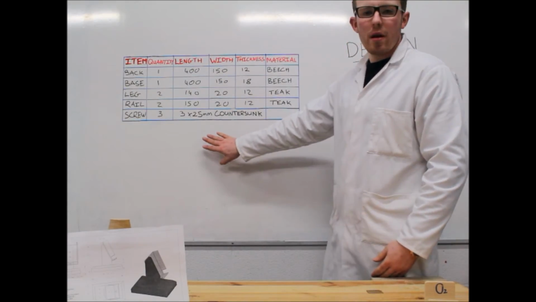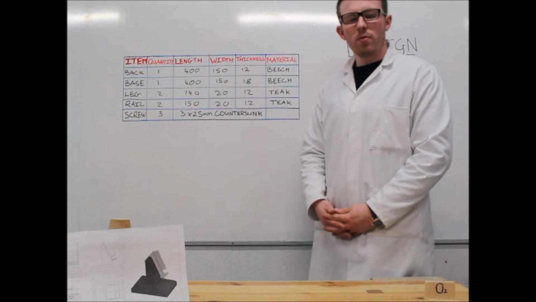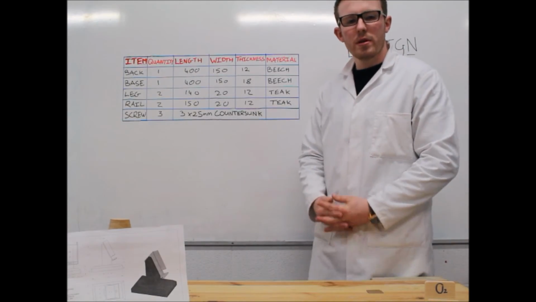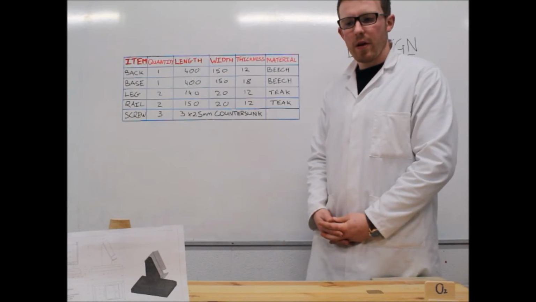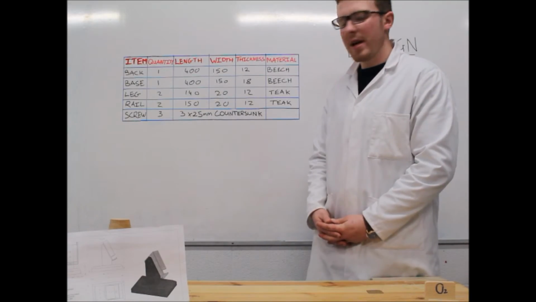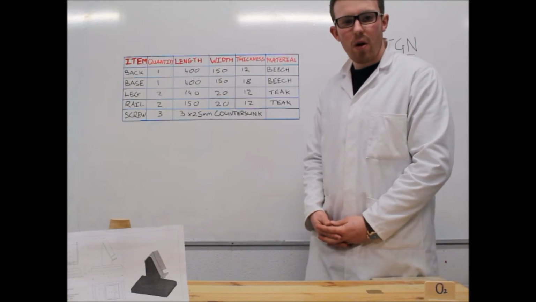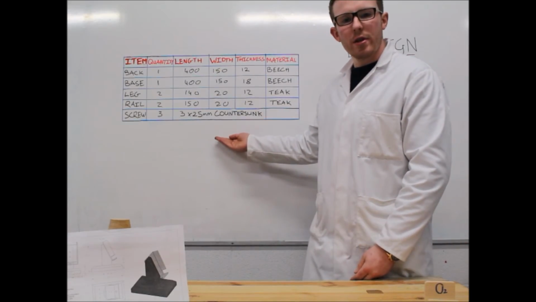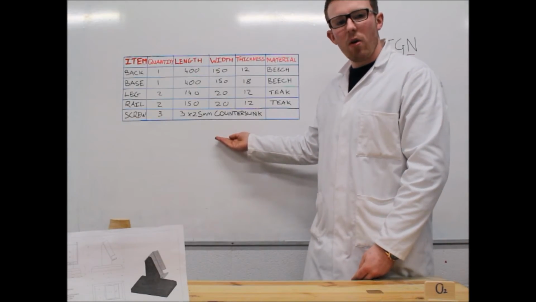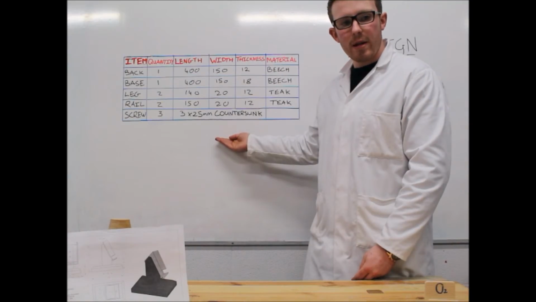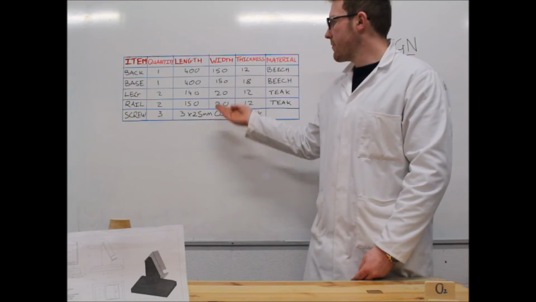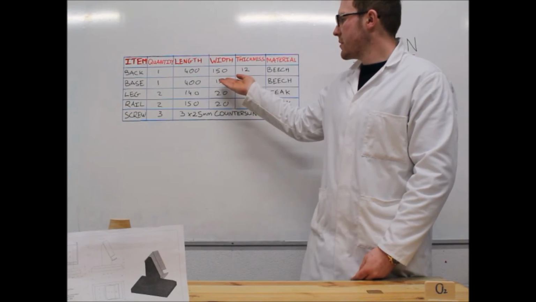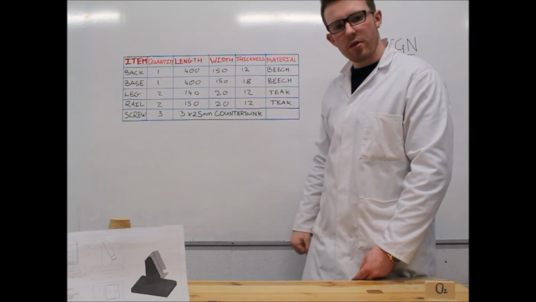This table, or this sheet, is what you, the pupils, will give to your teacher, your finished product, when you're ready to start processing timber or other materials. What this tells your teacher is exactly the overall measurements and dimensions of all your pieces. Everything from your base down as far as the screws you're going to use.